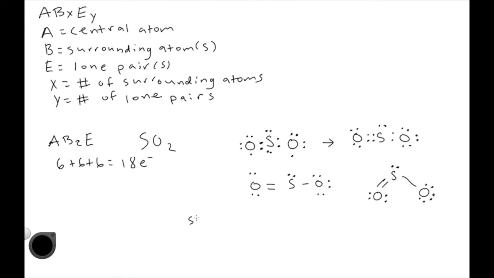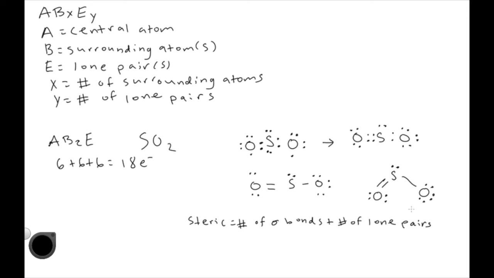Steric number is going to be equal to the number of pi bonds plus the number of lone pairs. Right, so since the steric number of sulfur is 3, the electron pair arrangement is still trigonal planar.